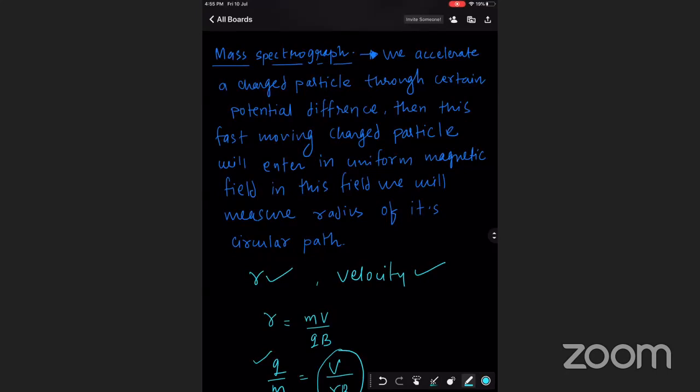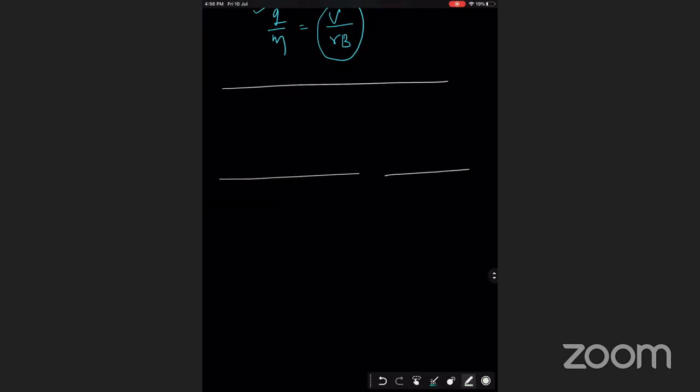You want to see the arrangement? Yes, sir. Let's understand this arrangement. A very simple arrangement is there. There are two gaps.